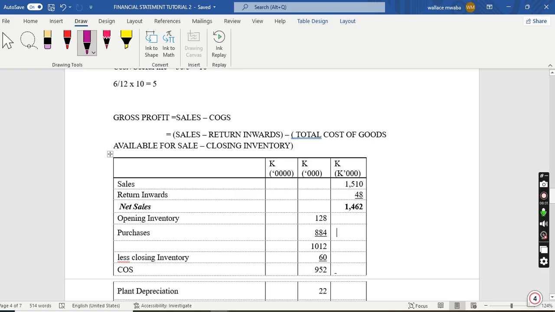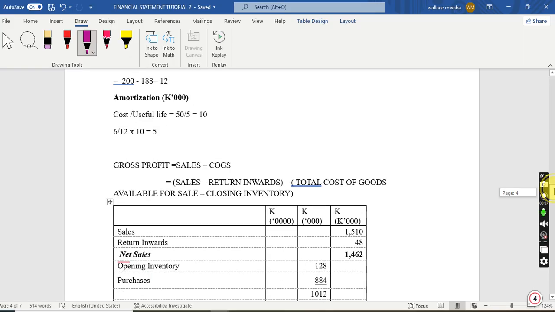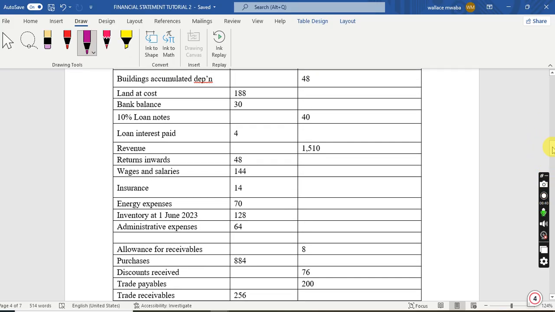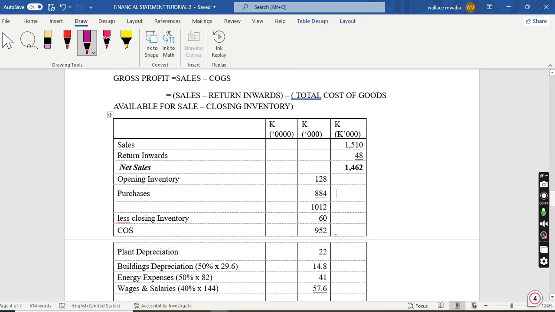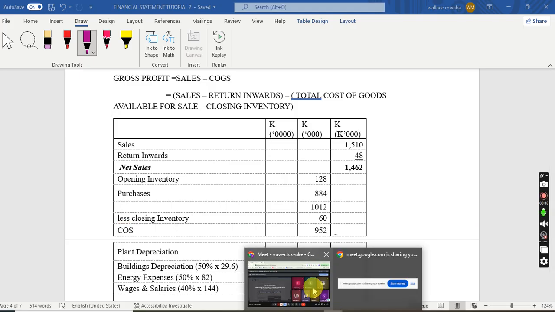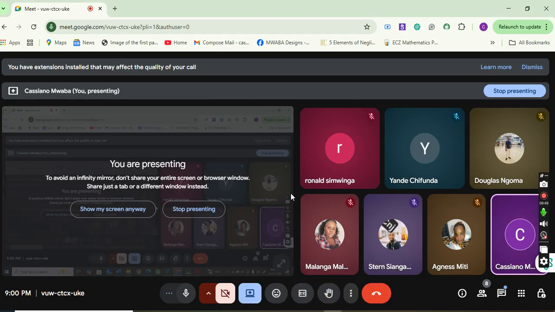You can also subtract discount received from purchases, but in this question they told us discount received is an admin expense. Surprising. So colleagues, do you remember what carriage inwards is and what return outwards is, so that should you encounter them, you know what to do with purchases?